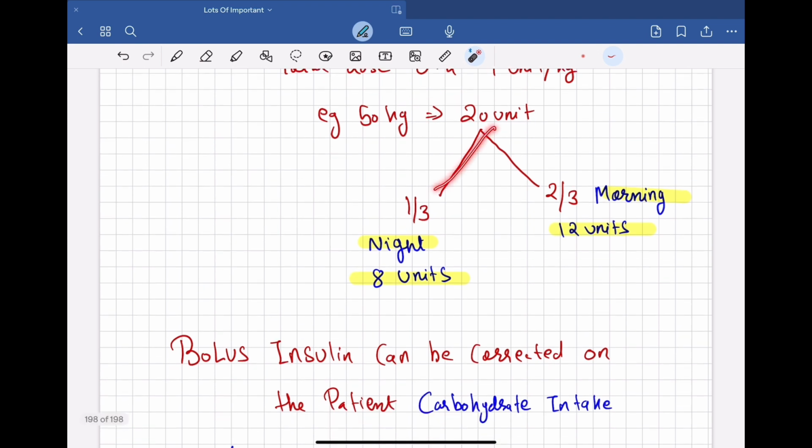Then you divide it into 2/3 and 1/3. So 2/3 of the dose, like 12 units in this example, will be given in the morning because it will cover 3 spikes in the day, and 1/3 at night time, which will be 8 units. So here regular will play the role of bolus and NPH will play the role of basal insulin.